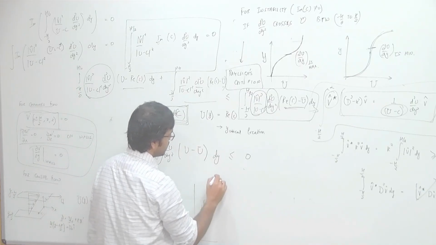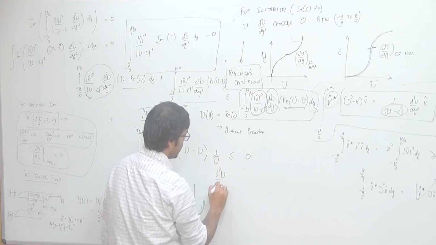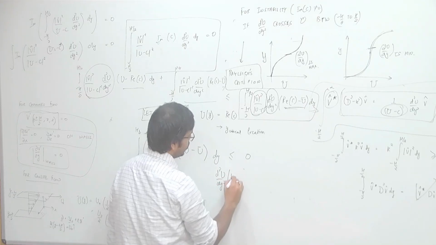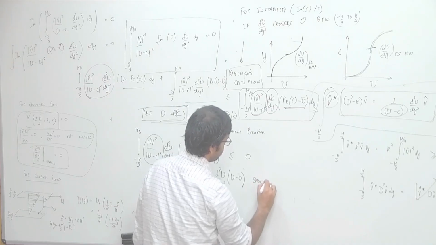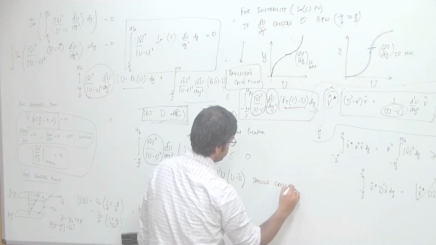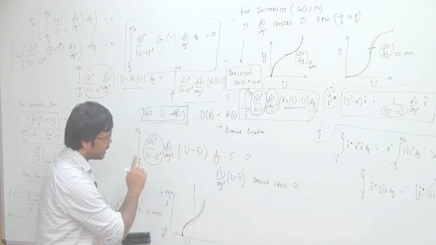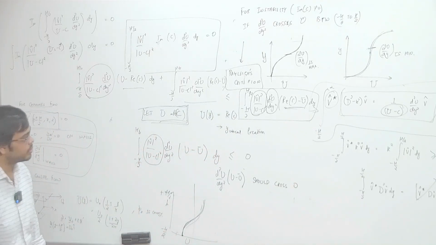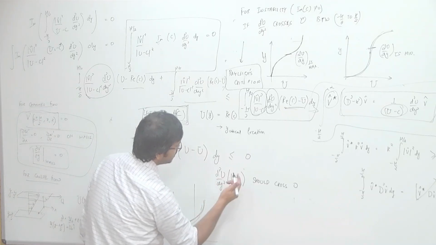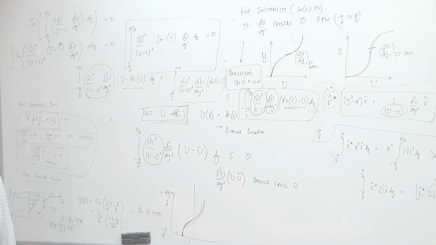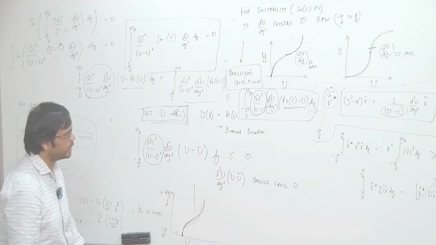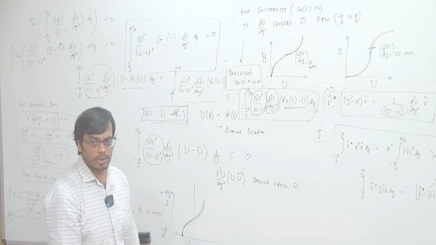So that means d2u by dy squared times u minus u bar should cross 0 between minus h by 2 and h by 2. U bar is basically the real part of C. Only then can this integral be equal to 0 or less than 0.